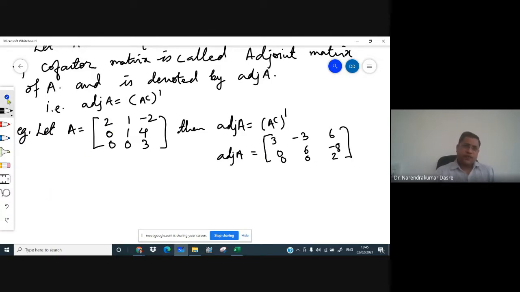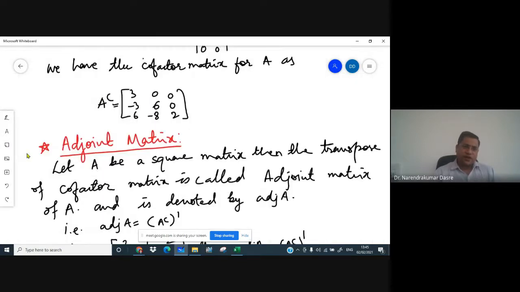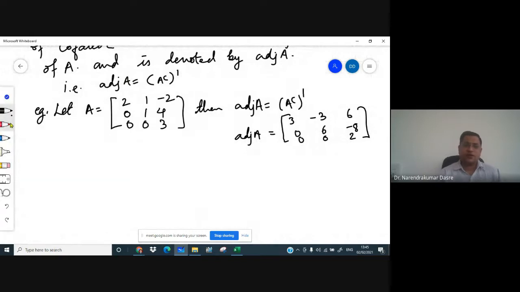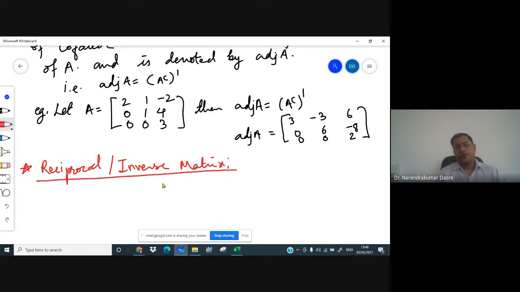Now, once I have the adjoint, I am able to calculate the inverse or reciprocal matrix, and this is always possible only for non-singular square matrices.